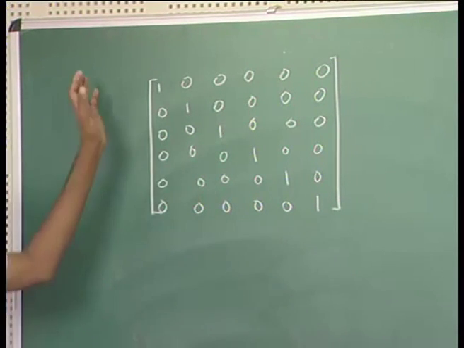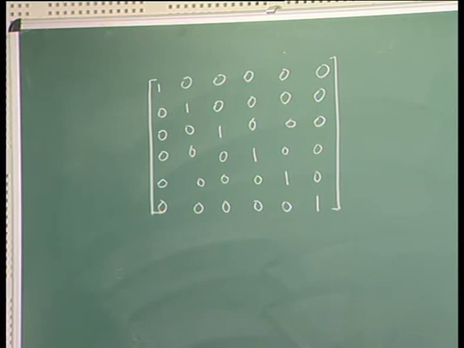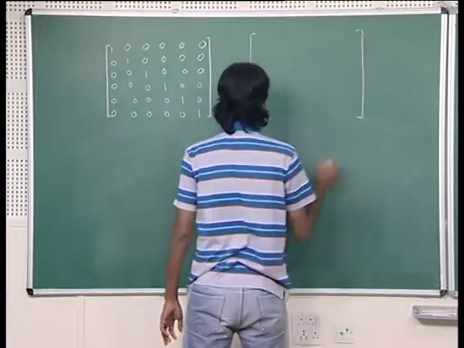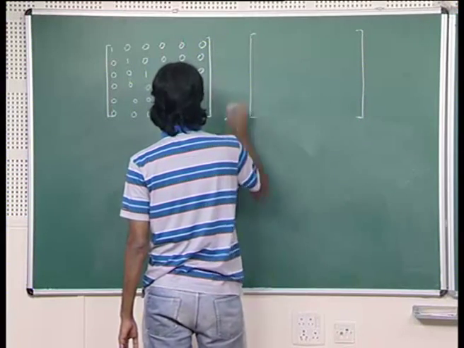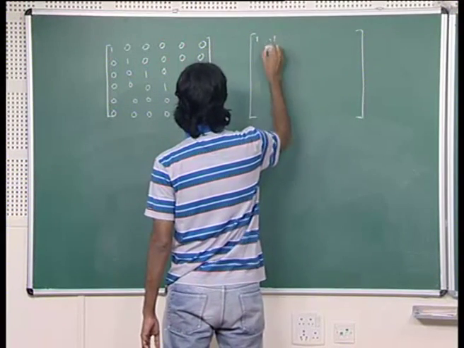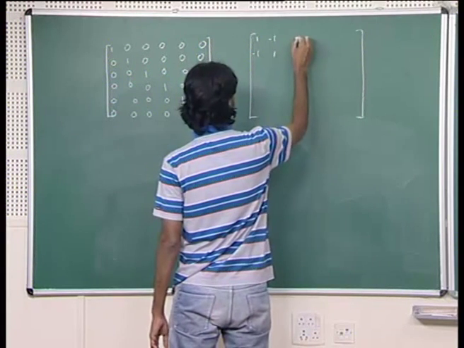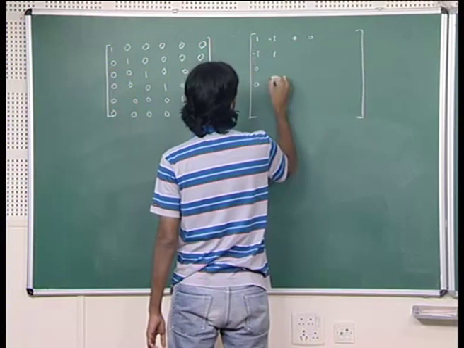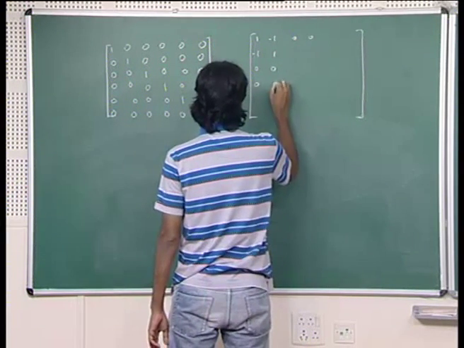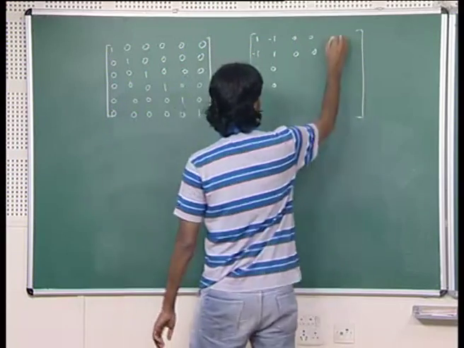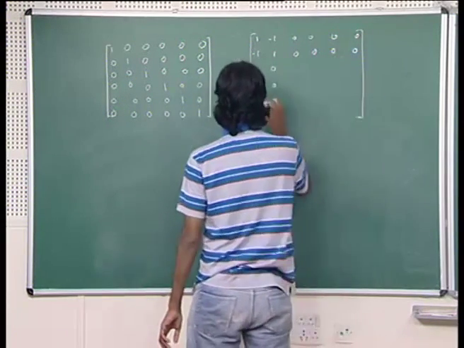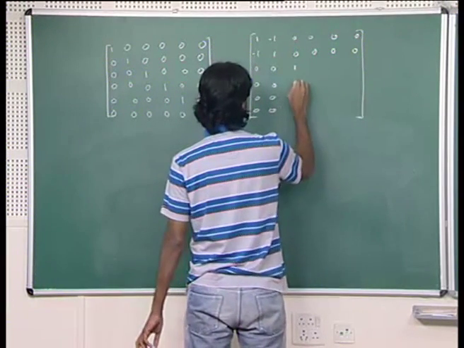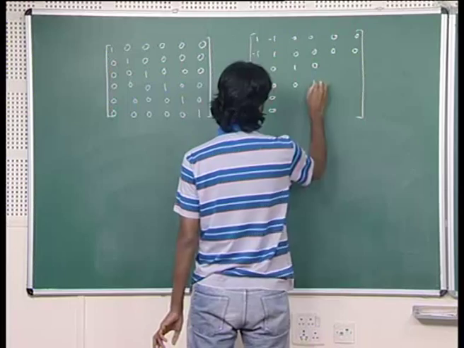Okay, so the identity will always be diagonal. Now if I had other operations and they had this structure. So this is one operation, this is another operation. I will just take 1, minus 1, minus 1, 1, 0, 0, 0, 0, and then I had, let us say, 1 0 0 1.